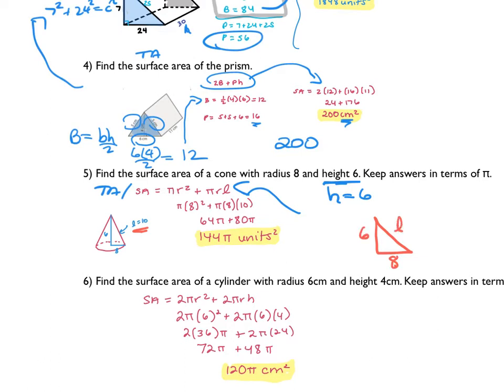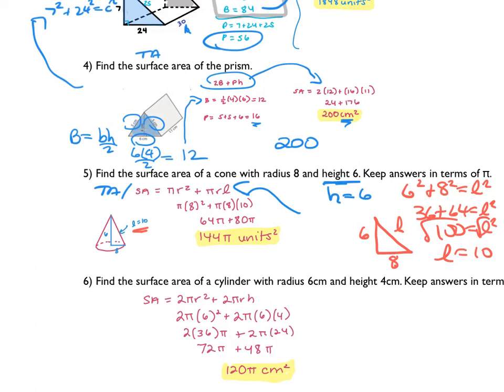I'm looking for the slant height, which is my c squared. So 6 squared plus 8 squared equals l squared. 36 plus 64 is 100. Square root it, and your slant height is 10. But if you realize that the 6, 8, 10 is just a scaled up 3, 4, 5, it saves time.